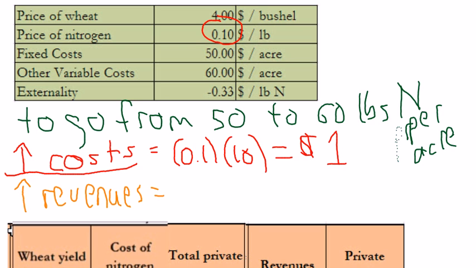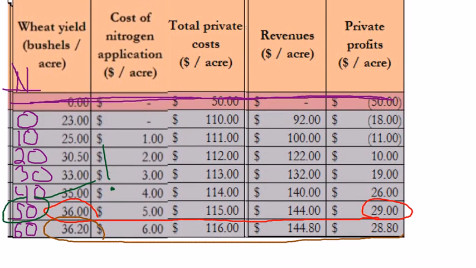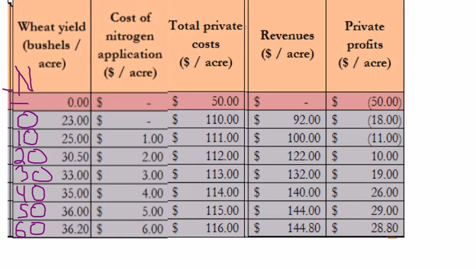But then what about our revenues? Our revenues are going to go up. The price of wheat is $4 per bushel. But how much more wheat do we get by going from 50 to 60 pounds of nitrogen per acre? Here we've got to look down at this table, and we see that when we go from 50 to 60 pounds per acre, wheat yield goes from 36 to 36.2 bushels per acre.